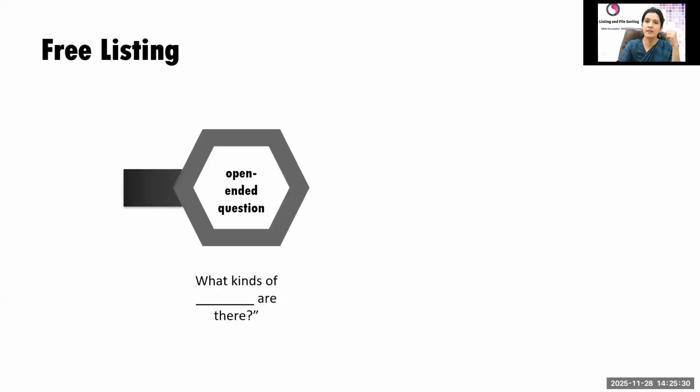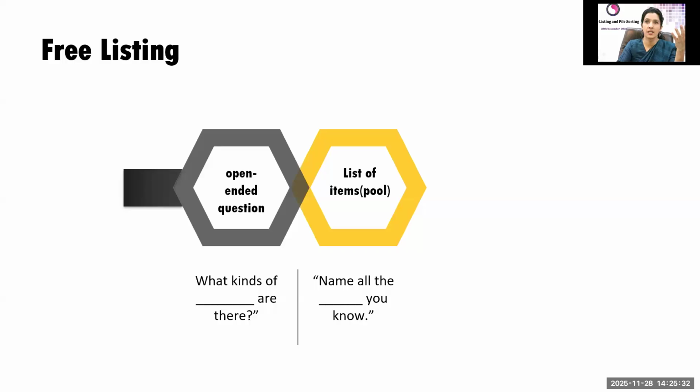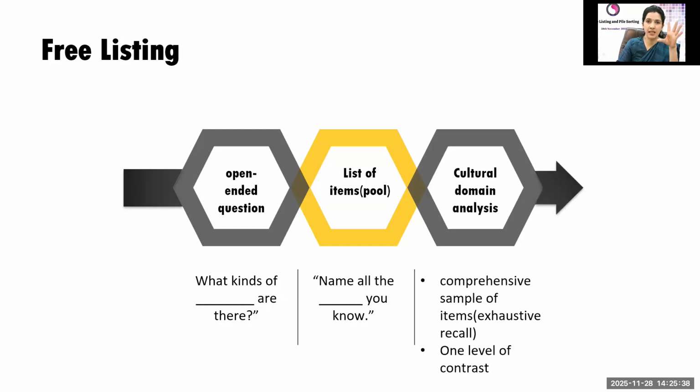And that open-ended question yields a list of items, or a pool. Using that list, it gives you a comprehensive number of items. All of you have listed many factors, and we now have a list of, let's say, 25 to 26 barriers for the management of chronic disease.